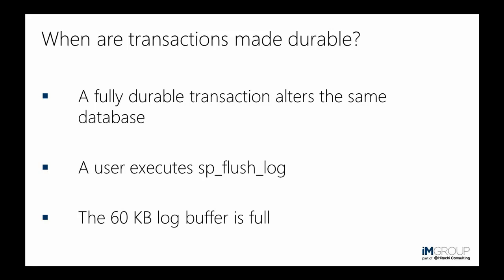It's worth noting that the database settings override the actual statements. So for example, if we had a database with delayed durability set to disabled and we executed a commit transaction with delayed durability equals on, we would still have a fully durable transaction.